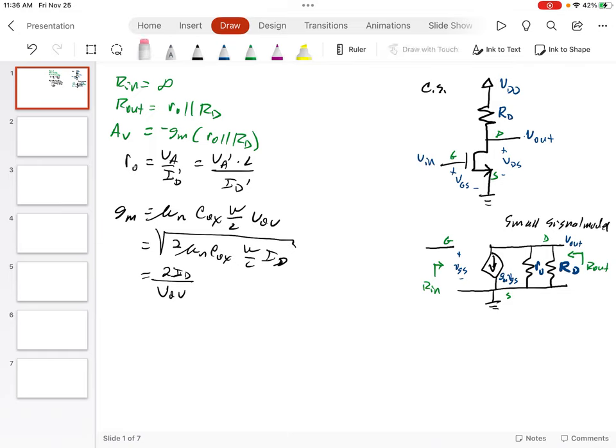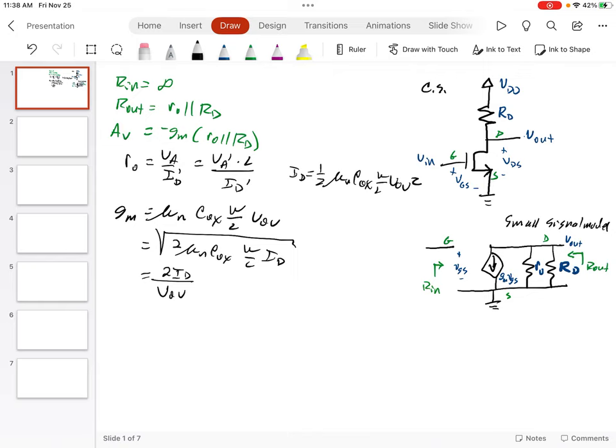And these currents are all exactly ID prime here. It's the current that you find with just the saturation equation. And so we always have ID equal to 1/2 mu NC ox W over L V overdrive squared. And you can use that to find the current, because for this amplifier, we should definitely be in saturation.